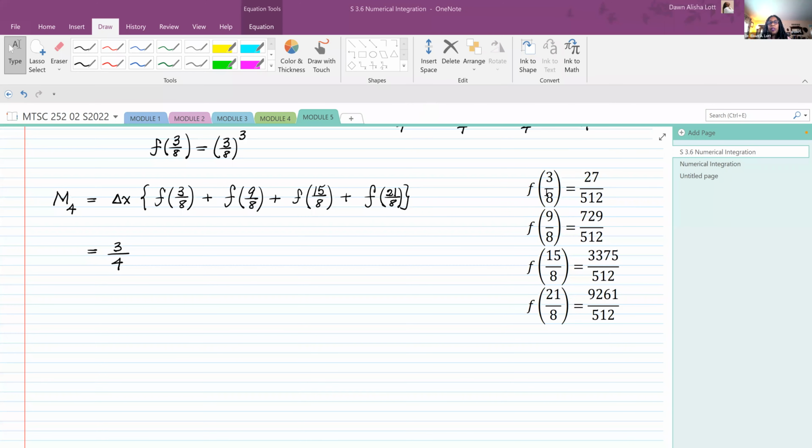Okay, so here is f of 3/8. If you cube it, you get 27/512. f of 9/8 is 729/512. f of 15/8 is 3,375/512, and f of 21/8 is 9,261/512. Okay.